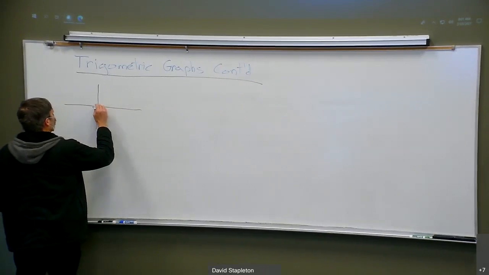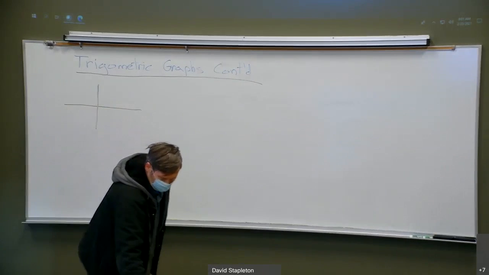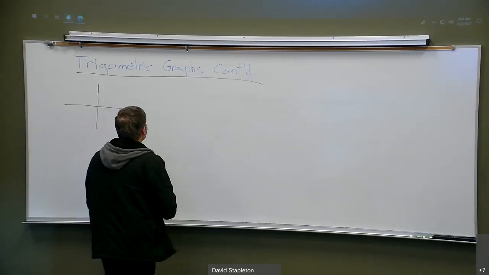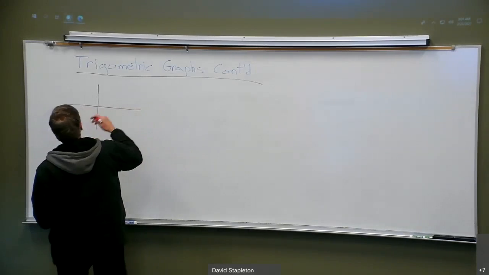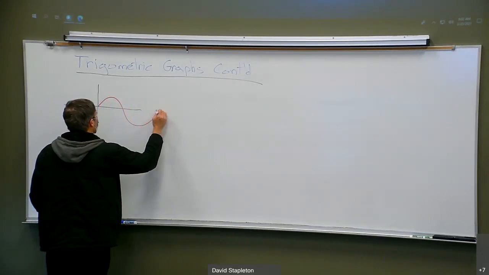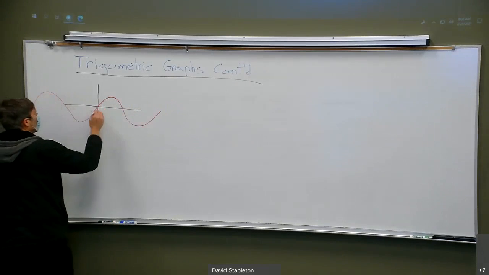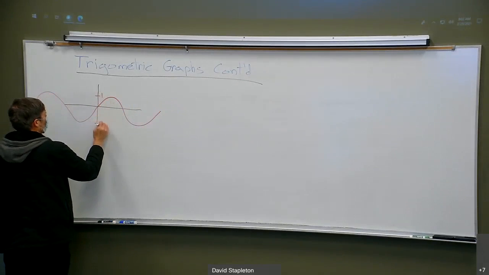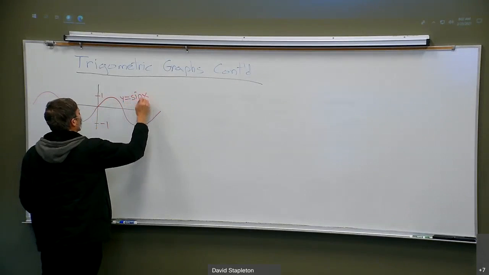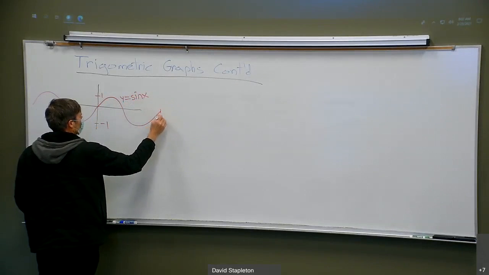We have the sine function. The sine function looked like this. It went between plus and minus 1. And it had period 2 pi.